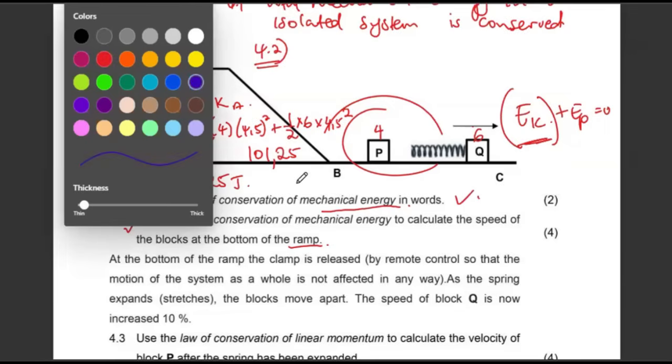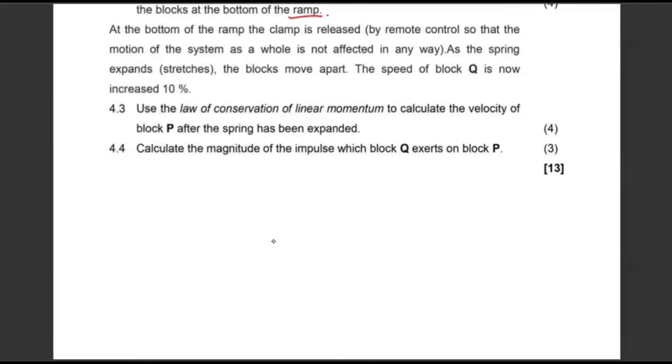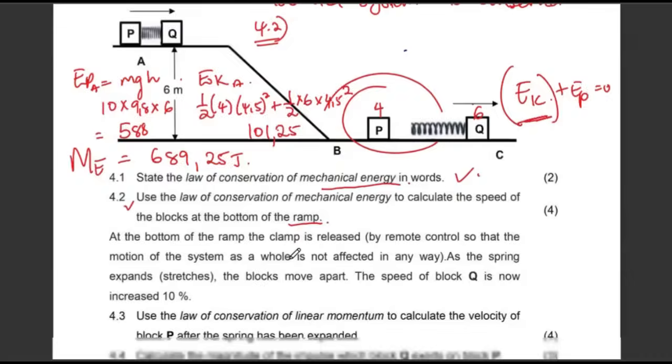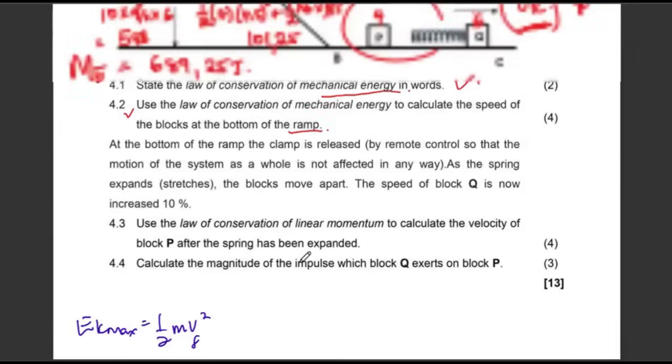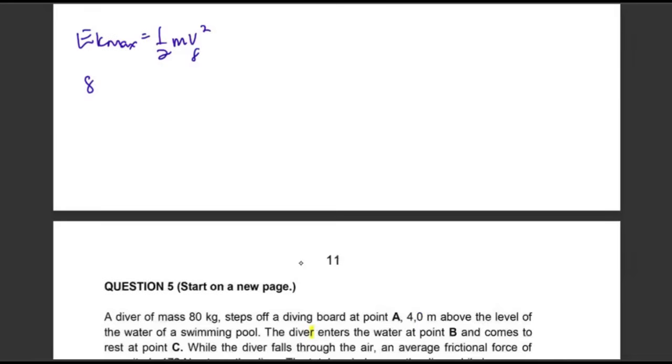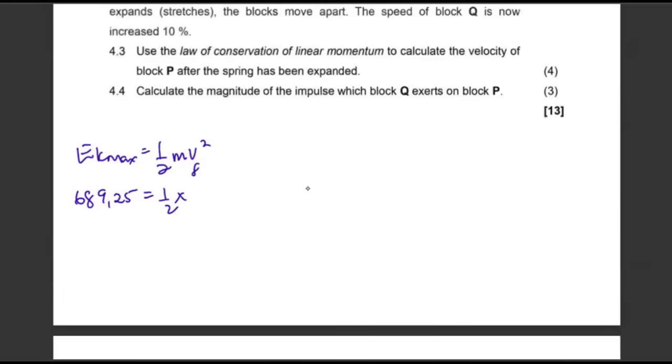Now I'm going to take this 689,25 and equate it to the EK at point B, or along the flat surface. EK max is equal to a half mv final squared. So 689,25 is equal to a half multiplied by the entire system, which is 10, multiplied by v final squared.